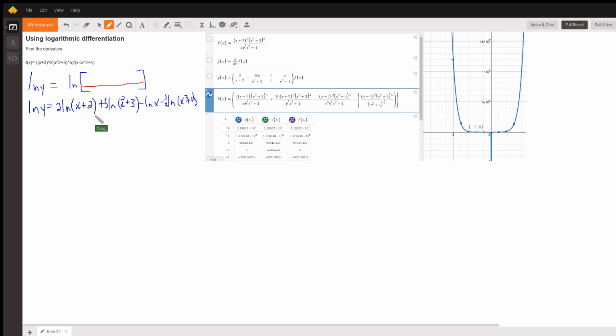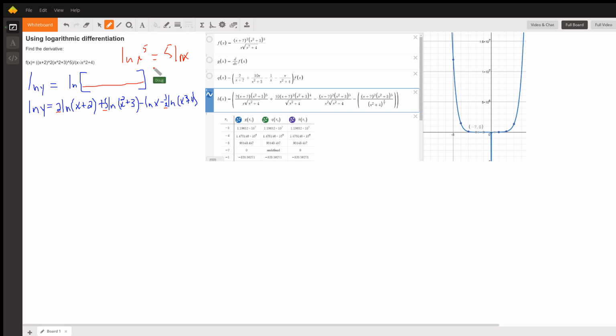The log of a quotient is the difference of the logs. And we also have that property, like if you have the log of x to the 5th, that's the same as 5 log x. So that's how I got these exponents down front, the 2, the 5, and the -1/2.